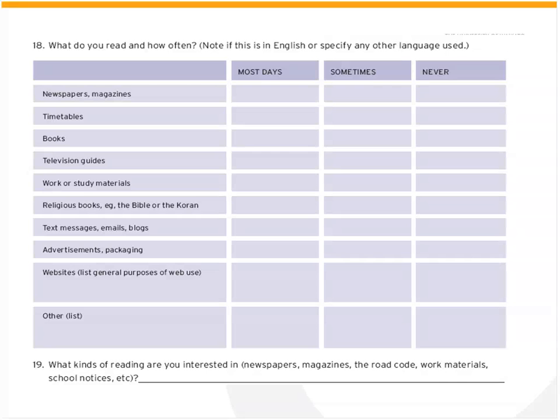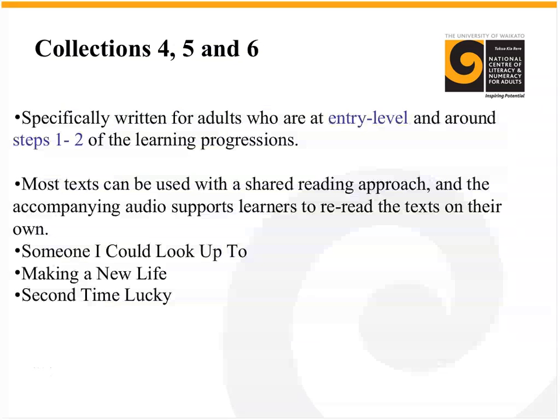Okay, another way of knowing your learner, finding out what they know about print and word concepts. Now this is an example taken from the Collections 4 series, Someone I Could Look Up To. You probably know about these.